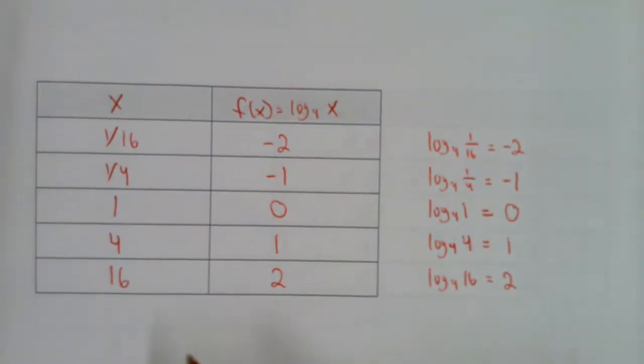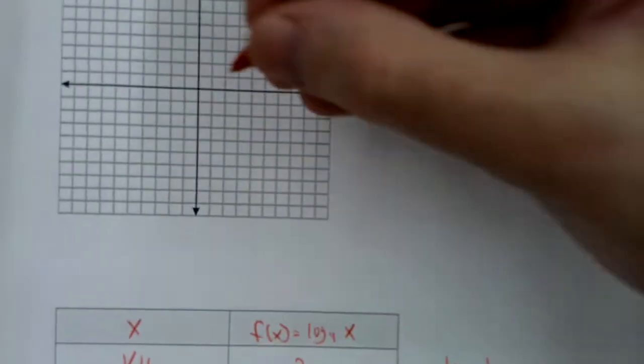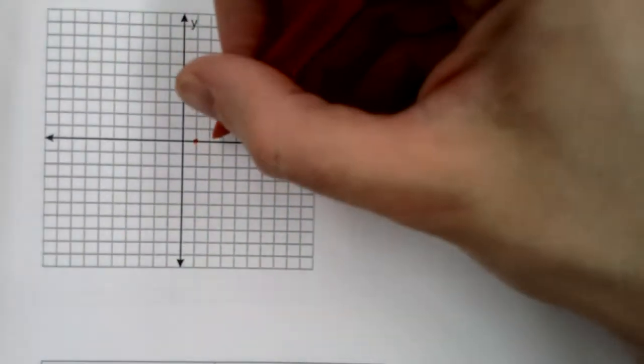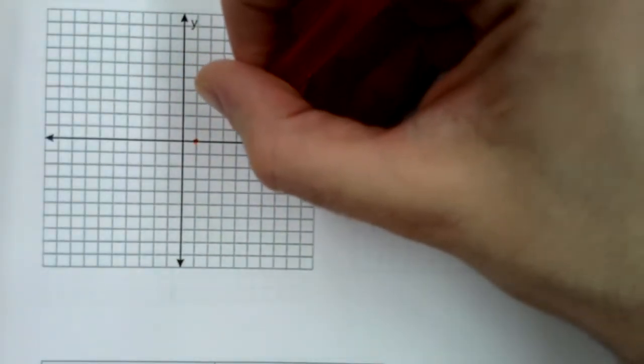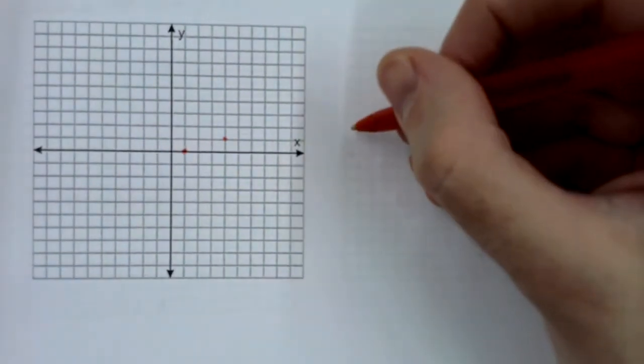So now we're going to graph this table, keeping in mind that the asymptote is going to be the y-axis. In other words, x equals 0. So start with the easy ones. 1, 0. We have 4, 1. We have 16, 2, which is way out here.